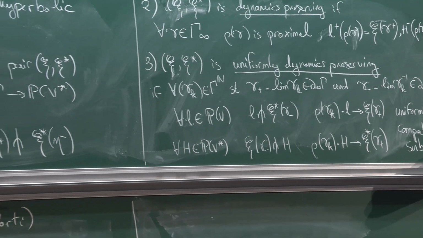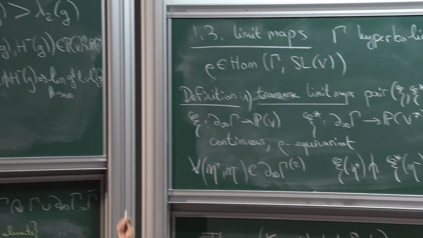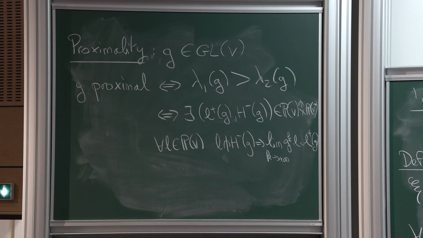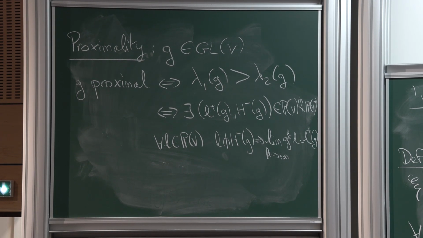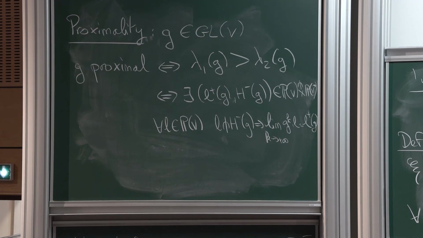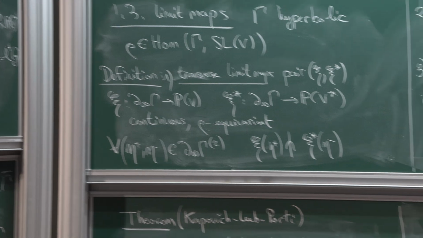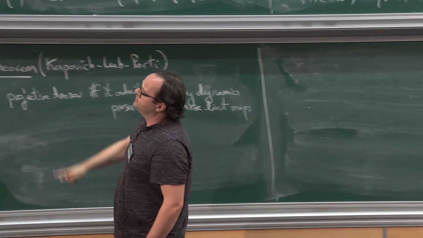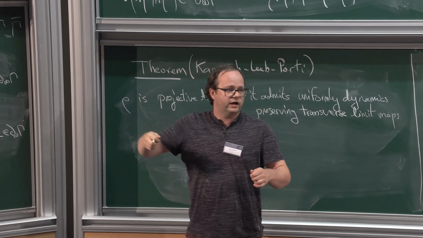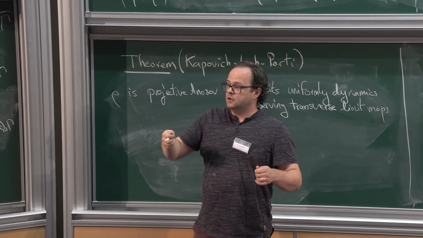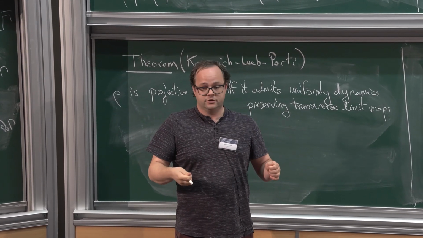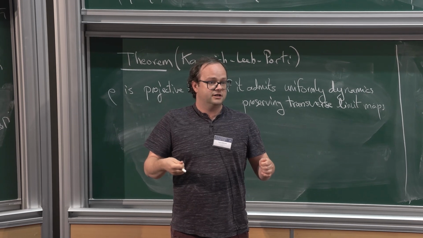But if you want to characterize proximality with the first definition, you could also try to do that uniformly on the group, saying somehow that when you go to infinity in the group, lambda 1 minus lambda 2 should go to infinity. This is not a very reasonable assumption, though, because you could go to infinity in the group, like having a sequence that leaves every compact subset, with elements that are all conjugate to each other, that stay in the same conjugacy class.